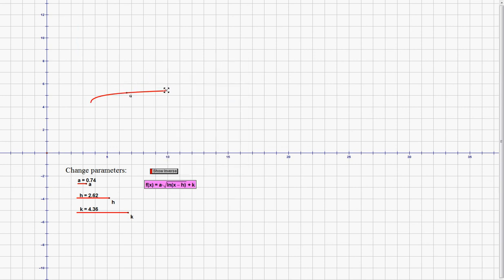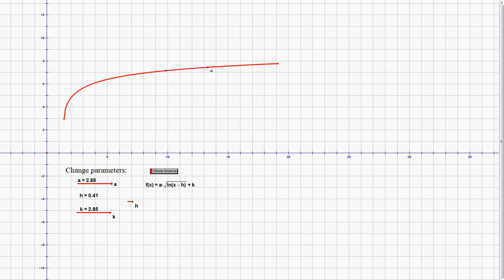So you can see that the graph changed, and that's not really an interesting one, but you can see how this one also reacts to the change of the parameters. It's all about stretch and shrink and horizontal movement.